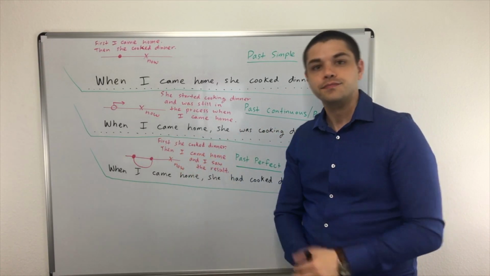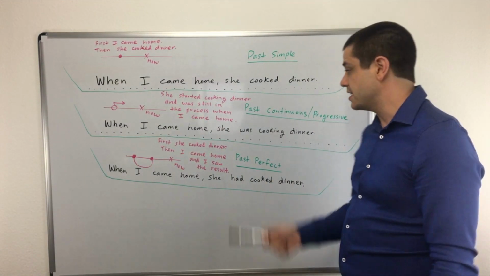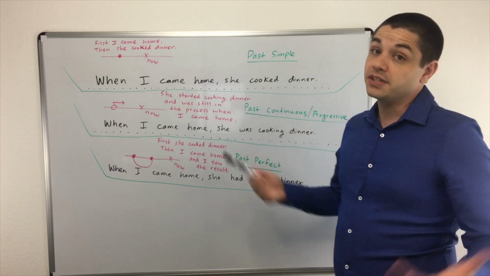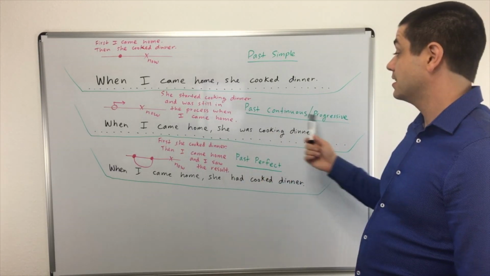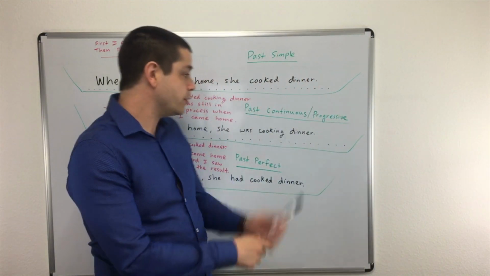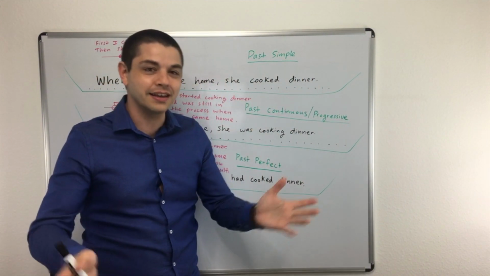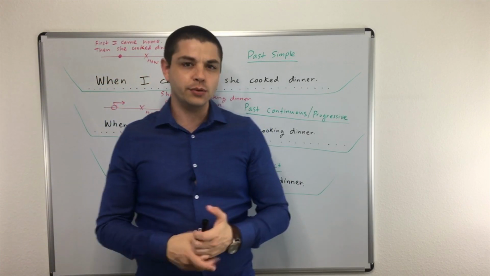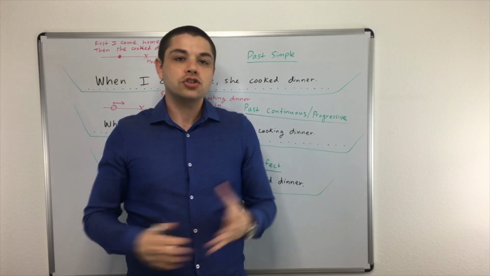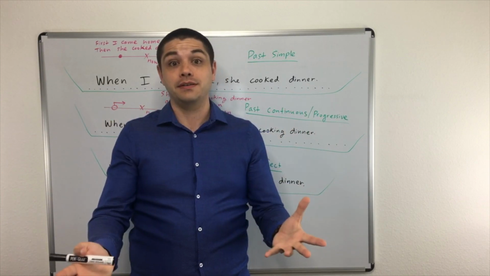That's it. Now, the second verb tense that we're going to talk about today is past continuous, but some people call it past progressive. So if you call it past continuous or past progressive, it doesn't matter, it's the same thing. And we use past continuous or past progressive to talk about actions that happen at the same time.